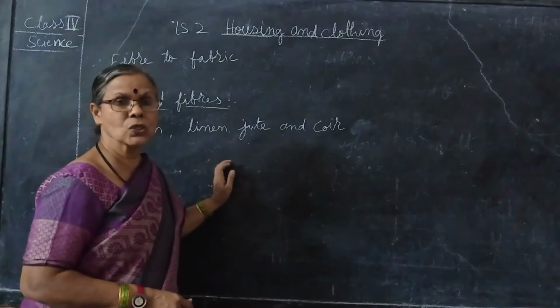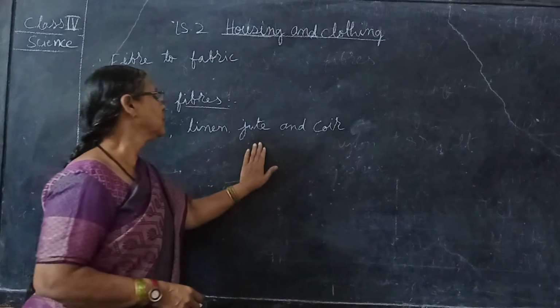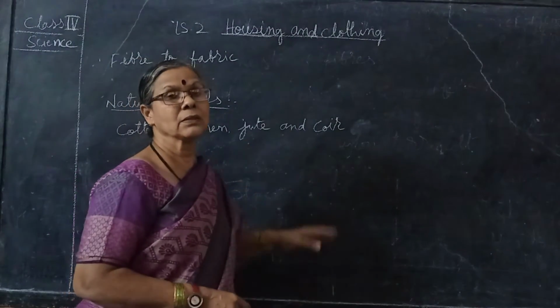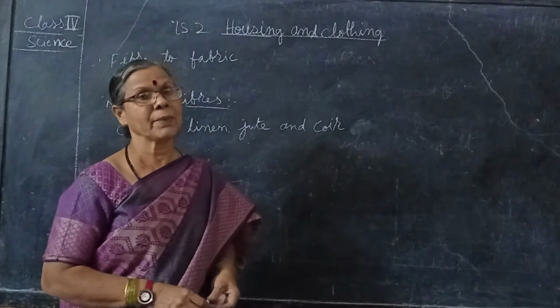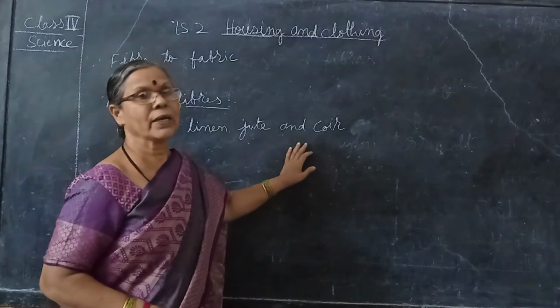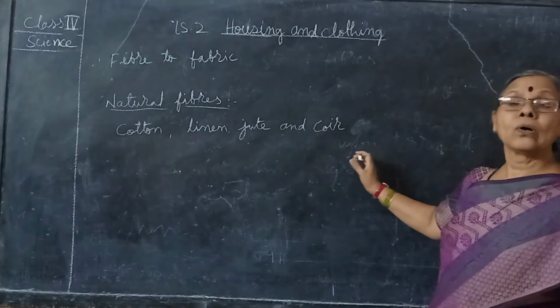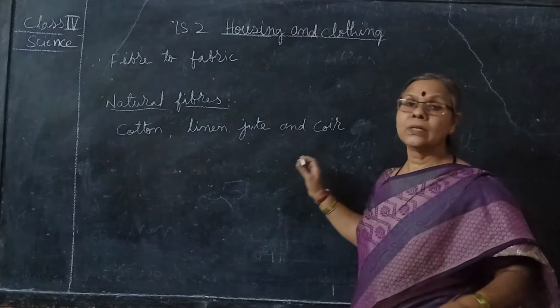They make clothes, and good quality paper is also made. Jute can be made into ropes, bags and clothes. And coir is also one; ropes can be made from coir, and doormats and carpets too.